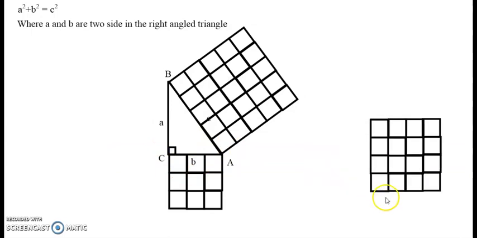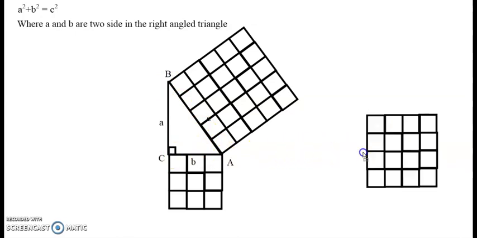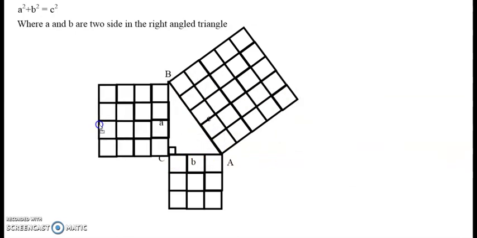If I did not have that side's length, I will take this side square minus this side square to give me the square on this side. And to find the length of the side of the square, I find the square root. Remember, it's the same length. So if I find the square root, it is then 4.